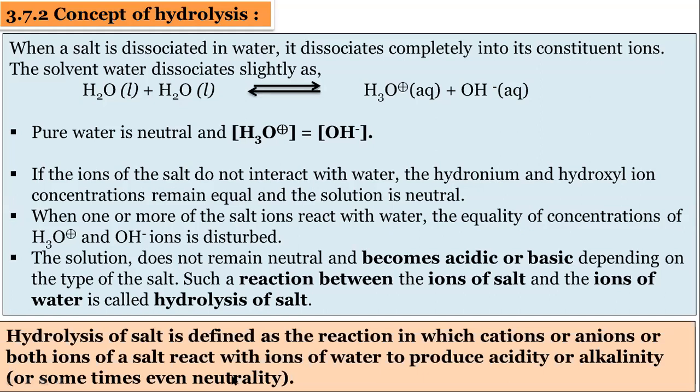Not always neutrality, but in exceptional cases the solution becomes neutral, but many times it will be acidic or basic. This definition can be asked from the examination point of view. They will not ask for the derivation, but they can ask you to define the concept of hydrolysis. Hydrolysis is a very easy concept. It is the reaction between ions of water and ions of salt.